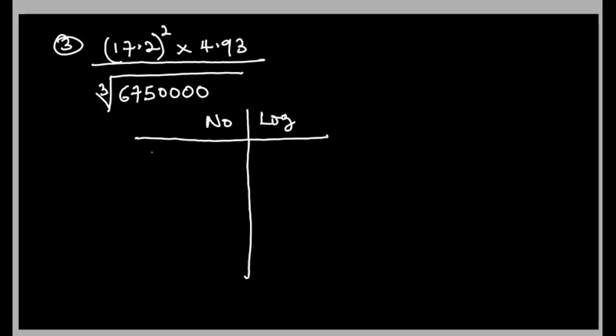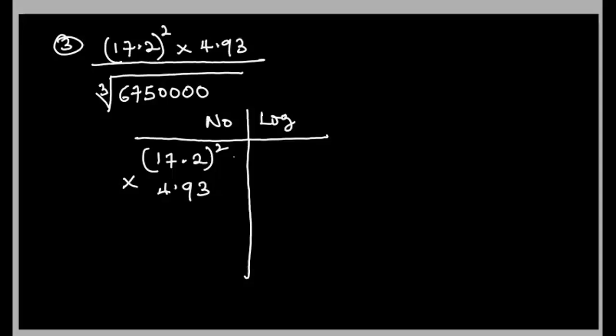Let's start with the numerator. We have 17.2, all squared, and then we have 4.93. So we are multiplying here.